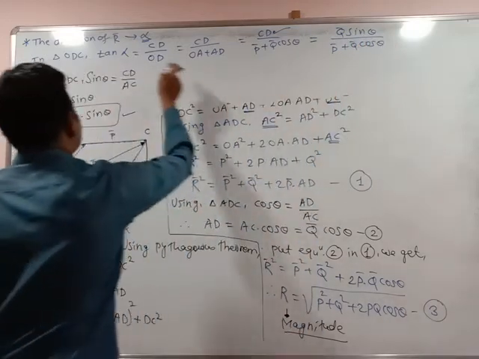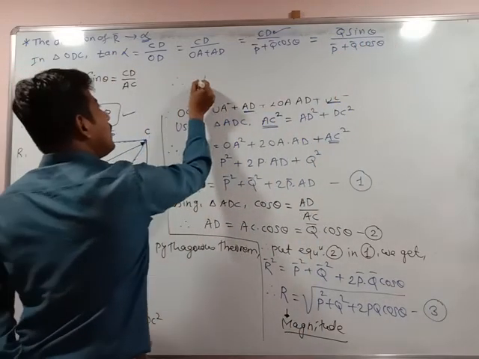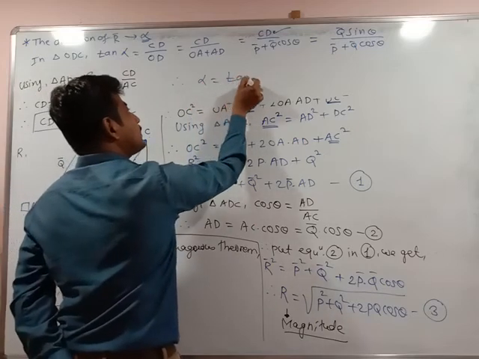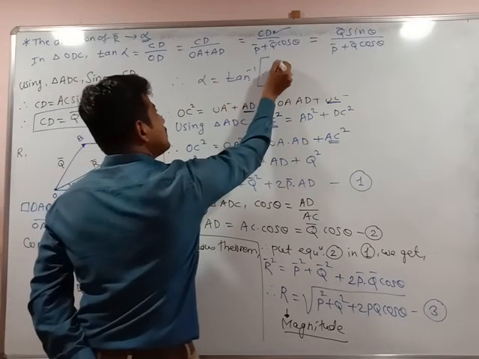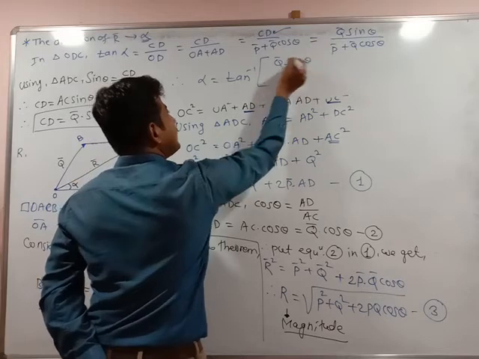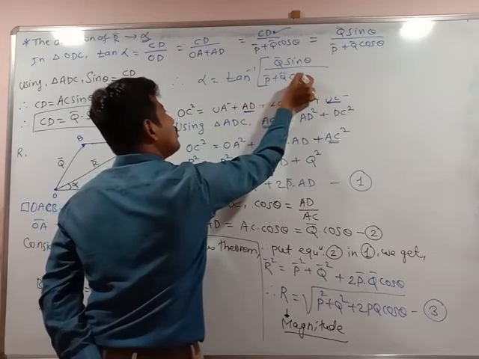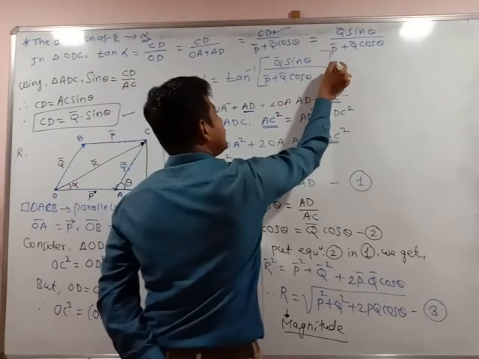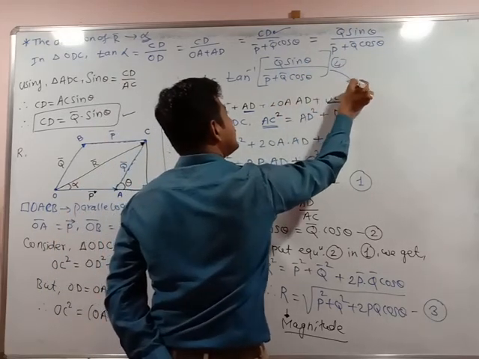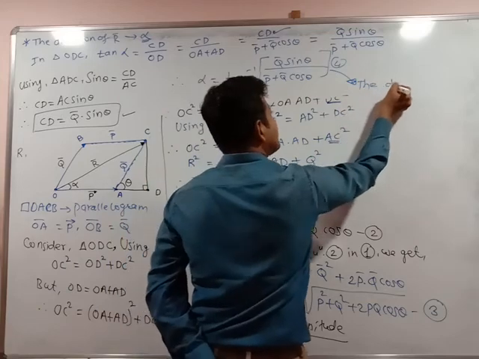This is equal to tan alpha. Therefore, alpha is equal to tan inverse of Q bar into sin theta upon P bar plus Q bar into cos theta. This is equation 4, which is nothing but the direction.